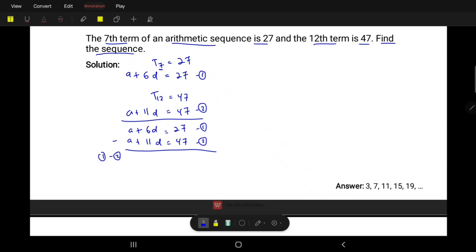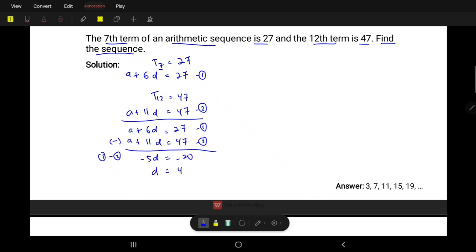Nak hapuskan dia guna konsep minus lah. A minus A dah dapat 0. So kita boleh cari D. 6 minus 11, you will get negative 5D. 27 minus 47, you will get negative 20. Then we can find the value for D, negative 20 divided by negative 5, you will get 4.